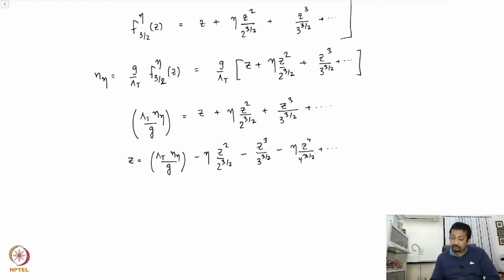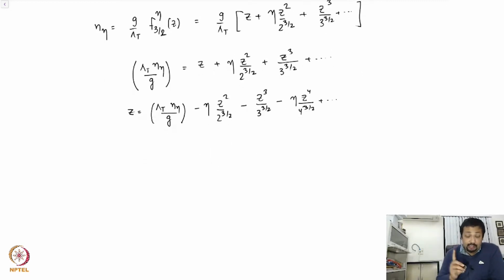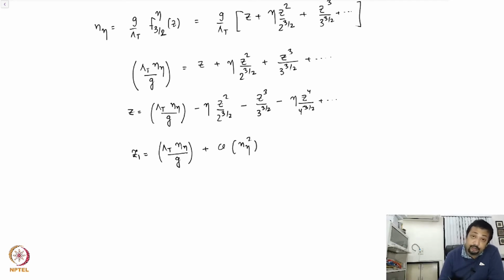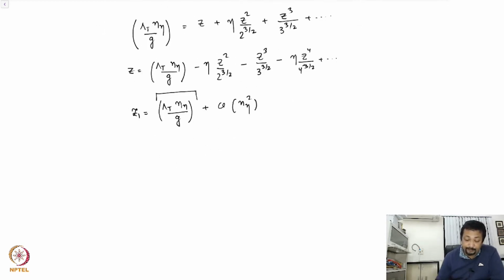Good. So I immediately say that to the lowest order, my z1 is going to be lambda t n eta over g, plus the next order is going to be of order n eta square, because the next term is of the order of z square. So if you plug in just this value of z over here, then you see that the next term is of the order of n eta square.